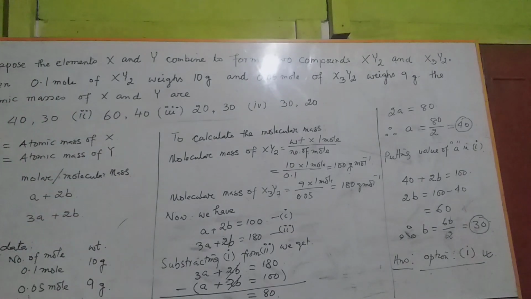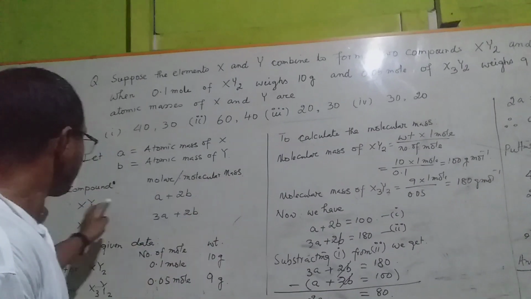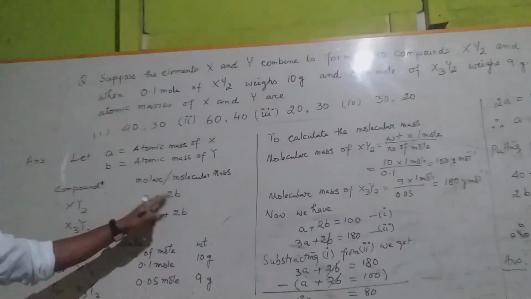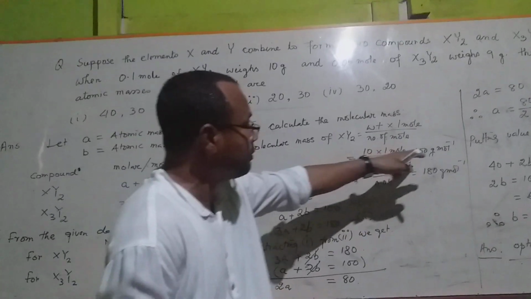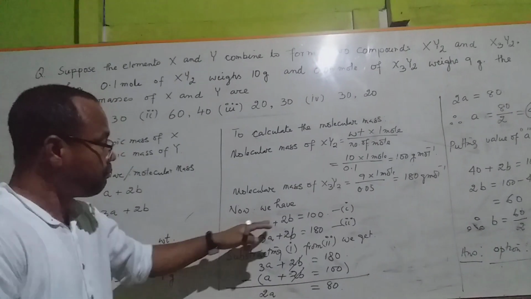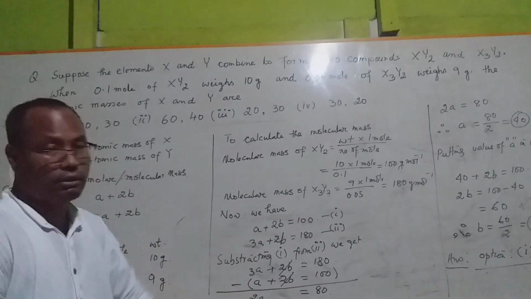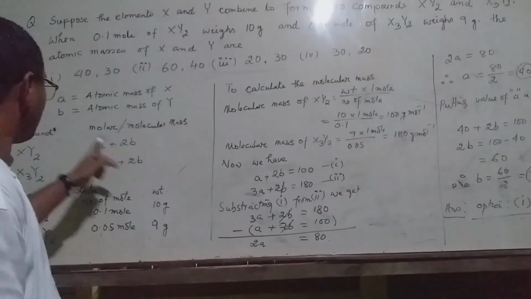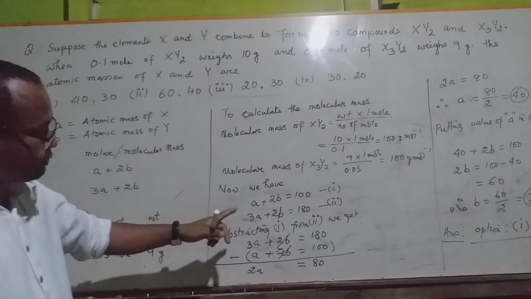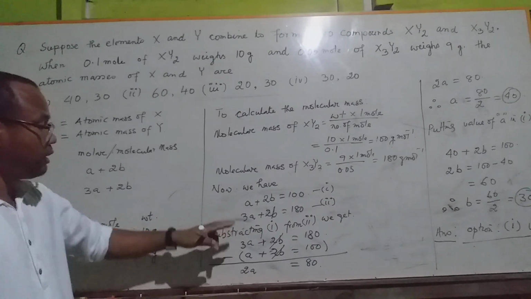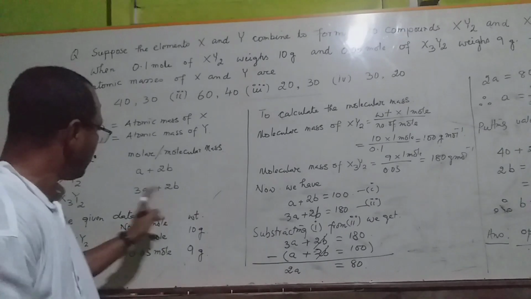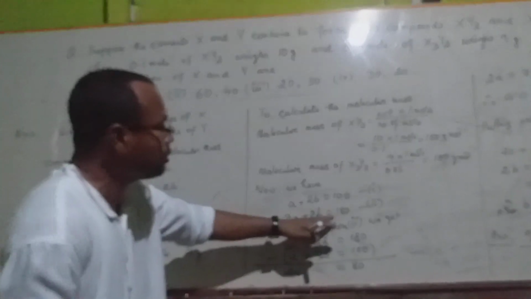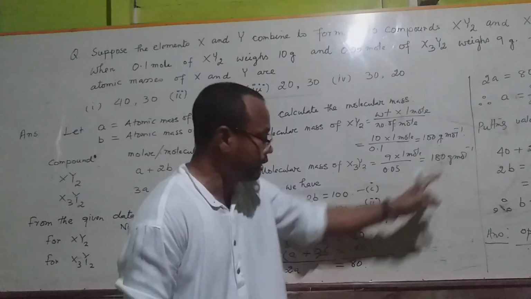Now, for XY2, the formula is A plus 2B, which equals the molecular mass we found, 100. That means A plus 2B is equal to 100. And for X3Y2, 3A plus 2B is equal to the molecular mass we found, 180.